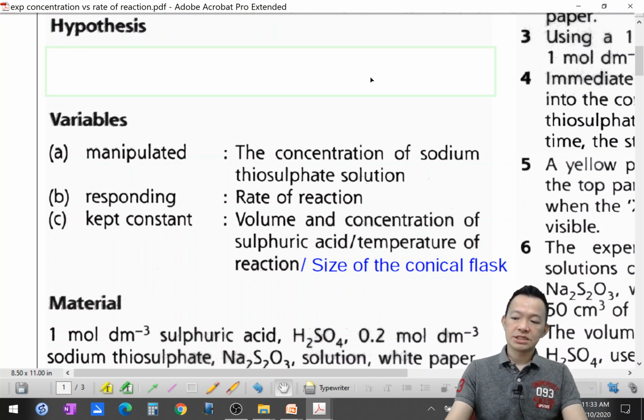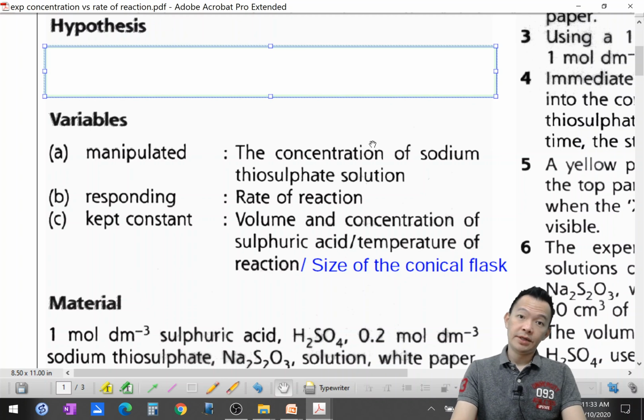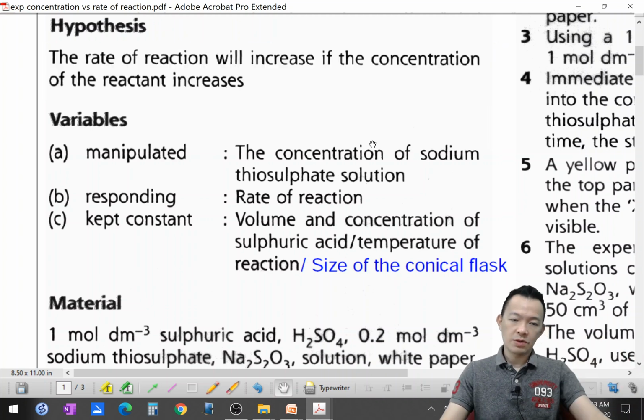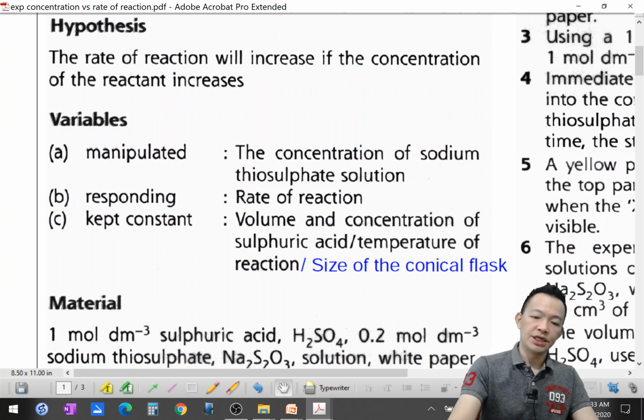So hypothesis，我们的假设出场了。浓度越高，速度越快。So the rate of reaction will increase if the concentration of the reactant increases.